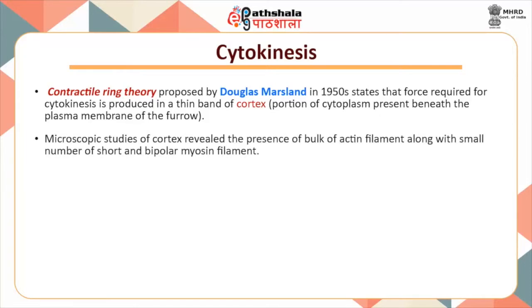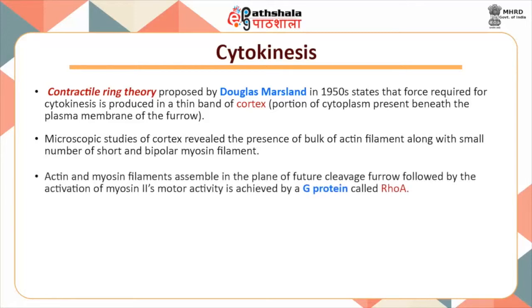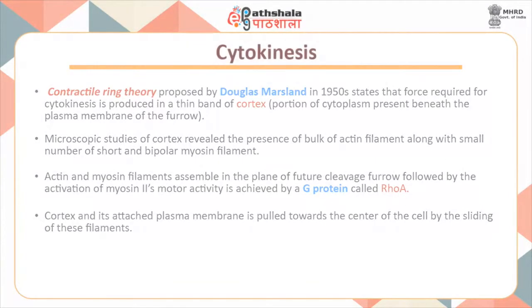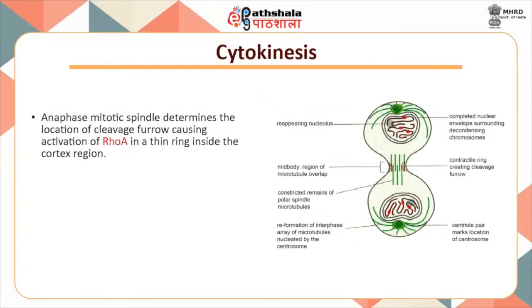Microscopic studies of the cortex revealed the presence of a bulk of actin filaments along with a small number of short, bipolar myosin filaments. The location of the cleavage furrow is determined by the anaphase mitotic spindle, by activation of RhoA in a thin ring inside the cortex region.